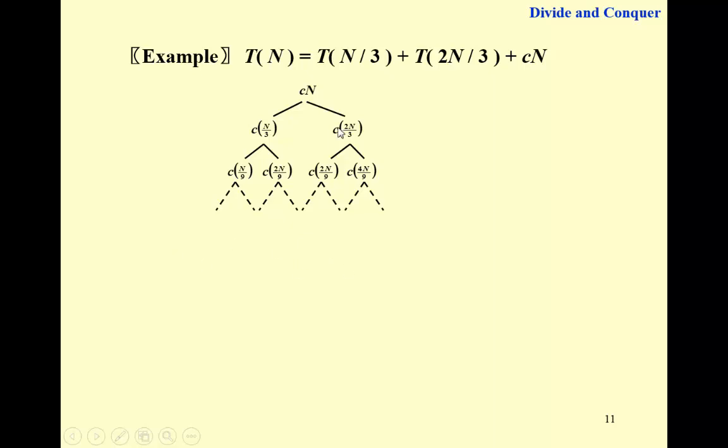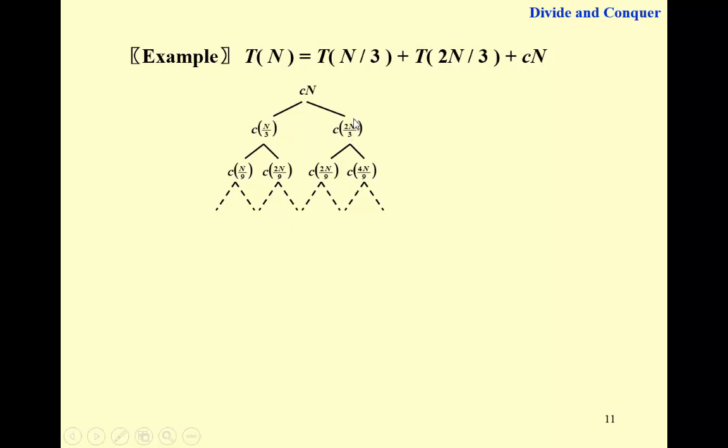And so what is the height of this tree? Well, the longest path is the rightmost path. Every time we don't divide n by 2, it's multiplied by 2/3. It's the same as dividing n by 3/2, right? It's the reverse.